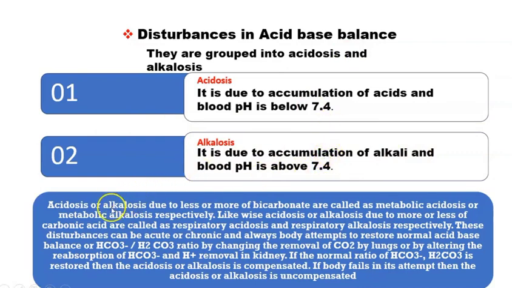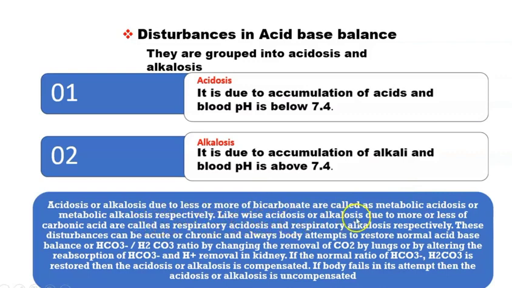So now we are going to differentiate acidosis and alkalosis. There are very important keywords here that will help us to understand this better. As I have explained earlier, when it is more or less of bicarbonate, we refer to it as metabolic acidosis or metabolic alkalosis.